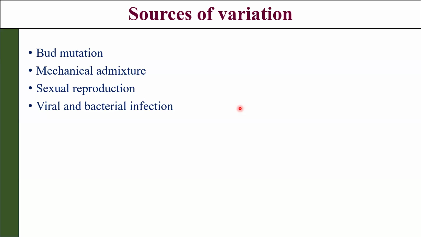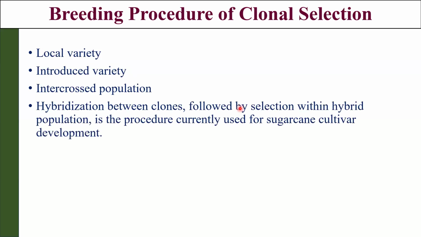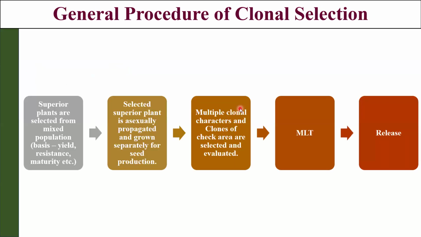But in clonal crops, which are reproduced asexually, once any mutation occurs it is fixed in the population. So if viral and bacterial infection causes a mutation, there will be chances of accumulation of those mutations across generations. It will be very high in these clonal crops rather than in other sexually propagated crops.